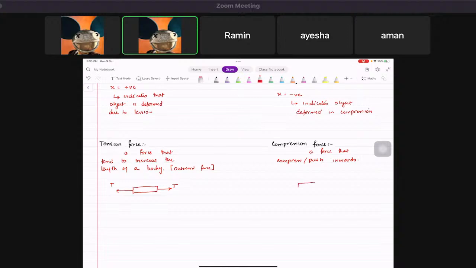So basically the object is made to clamp together, push together like this. Is it clear, Aman, Aisha and Raman? Yes, sir. Okay, pretty good then. Right. Okay, please, you can write it down now.